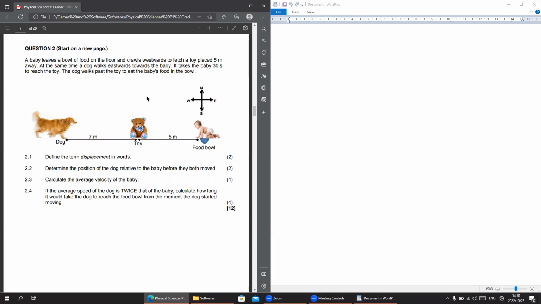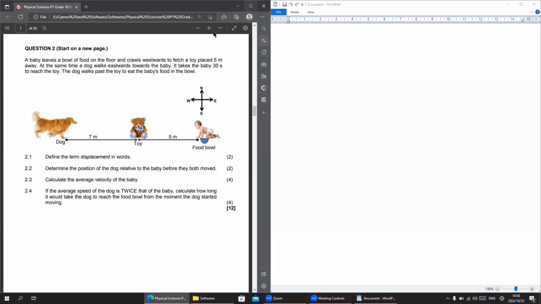So the first question, it's question 2. They say a baby leaves a bowl of food on the floor and crawls eastward to fetch a toy that is placed 5 meters away. At the same time, a dog walks eastward towards the baby. It takes the baby 30 seconds to reach the toy, and the dog walks past the toy to eat the baby's food bowl.